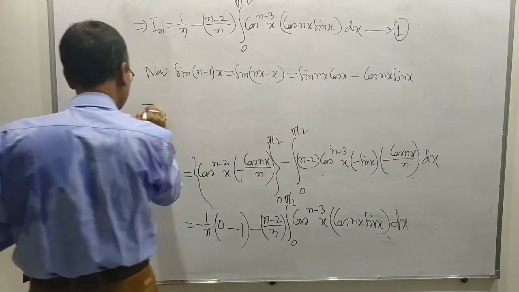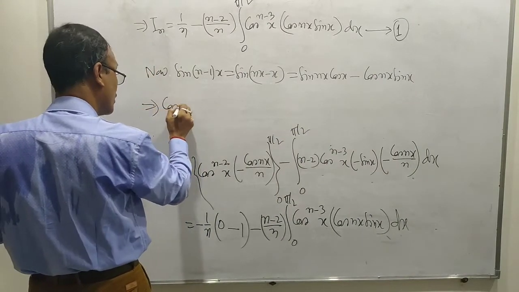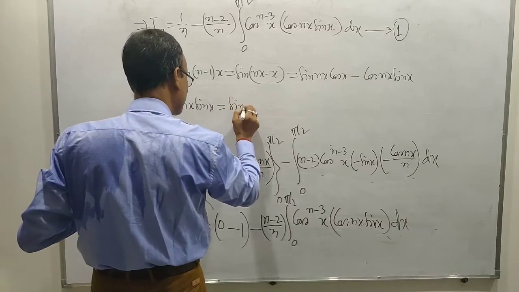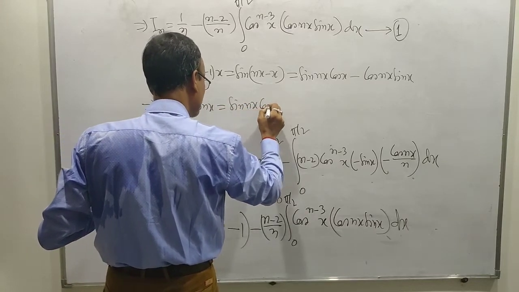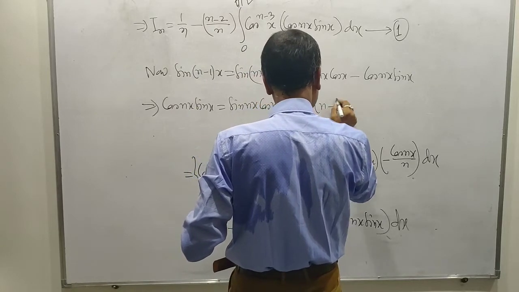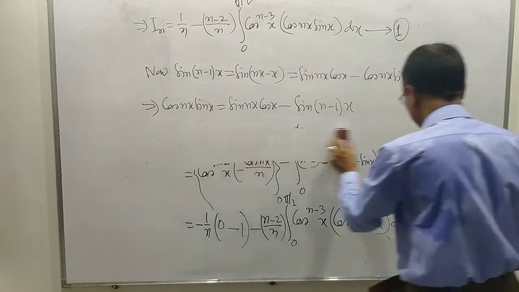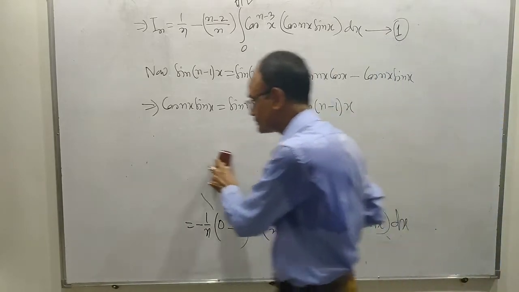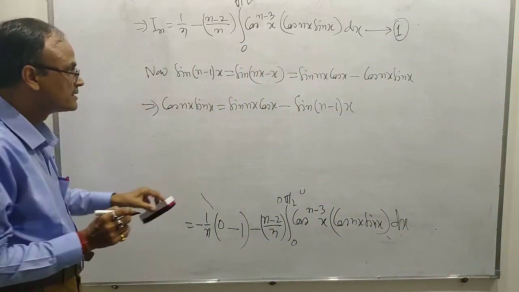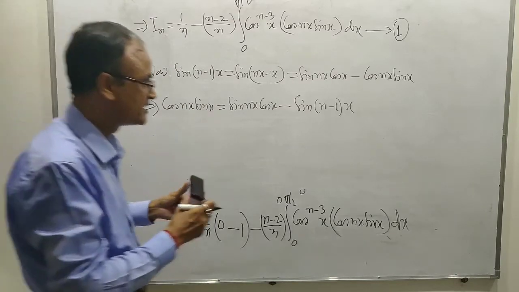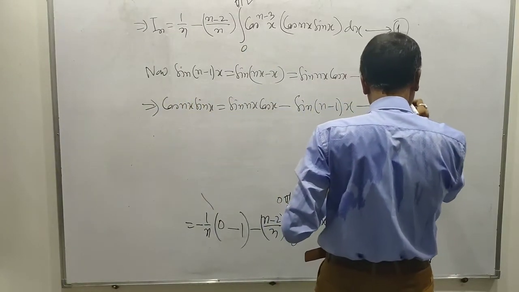This means cos nx sin x is equal to sin nx cos x minus sin n minus 1 x. You may write like this. Suppose this is number 2.